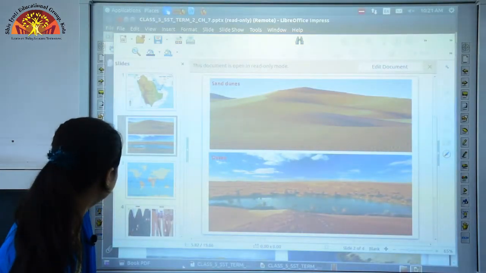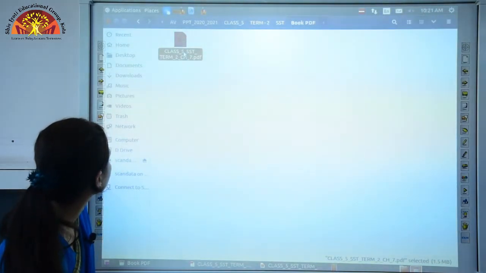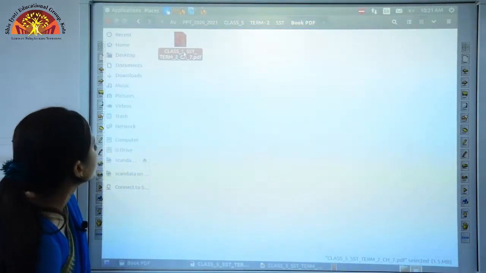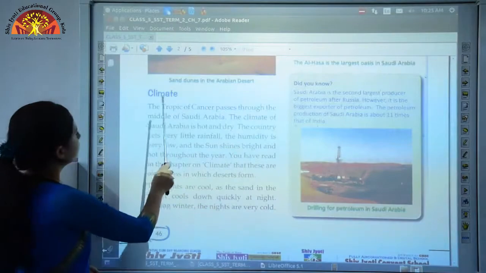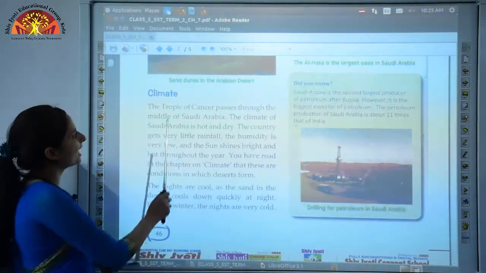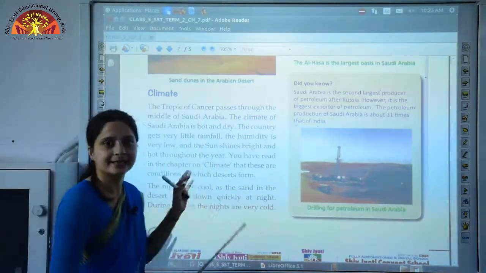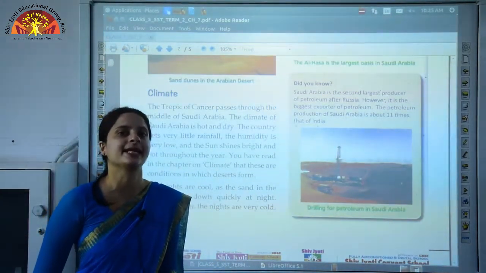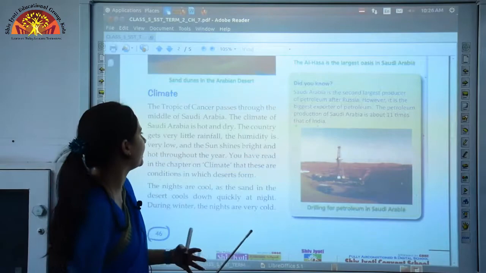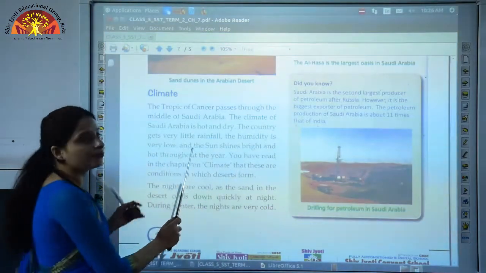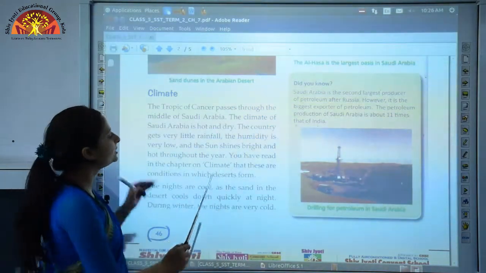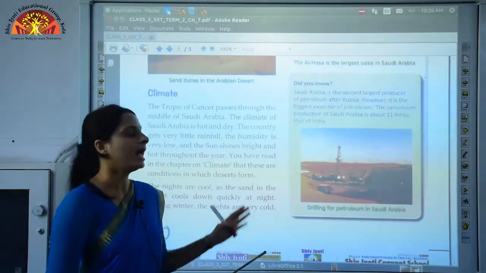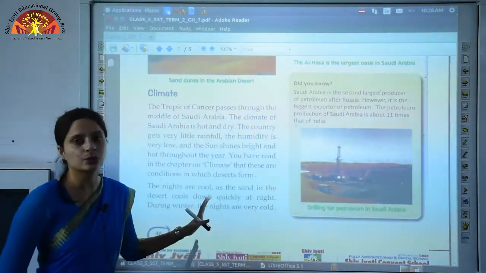Now, we'll see the climate of Saudi Arabia. As we know that the Tropic of Cancer passes through Saudi Arabia, which makes the climate of the place very hot and dry, and the country gets very little rainfall, and the humidity is also very low, and the sun shines brightly throughout the year.